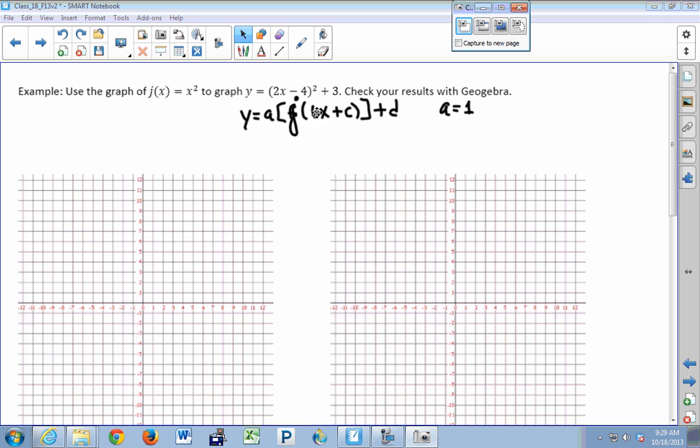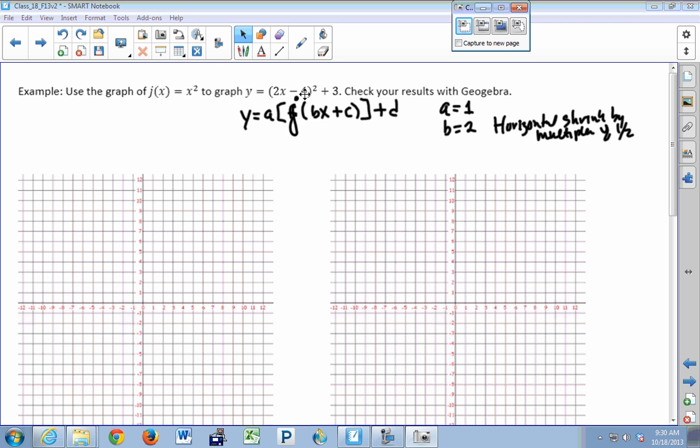Now B is the coefficient of X. What's that going to be here? What's the value of B? 2. So that says 2x. To get back to my original X, all my X's have to be the opposite of what we think, half as small. So that's going to tell me I have a horizontal shrink by a multiplier of 1/2.